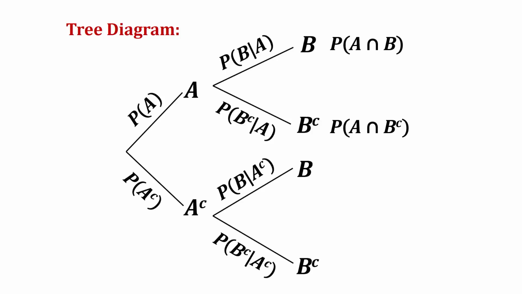Probability of A complement times the probability of B given A complement gives me the intersection of those two. And then lastly, I have the intersection of the two complements. And what I've done is I've found these four intersection probabilities, and that should cover the entire sample space. Those four values should add up to 1 because I've covered all four scenarios here.